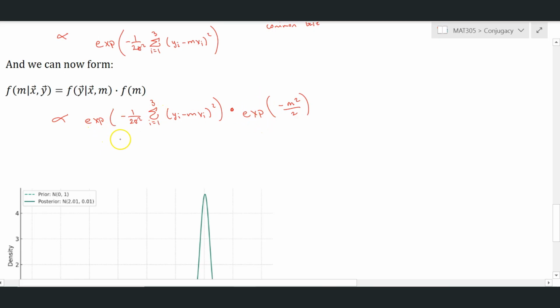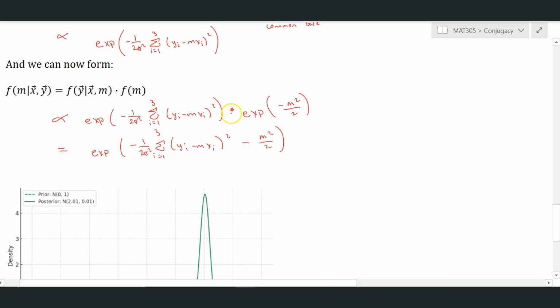So that means I can add the exponents. So the previous result is equal to exp of negative 1 over 2 sigma squared, sum from 1 to 3 of (yi minus m xi) squared, minus m squared over 2.